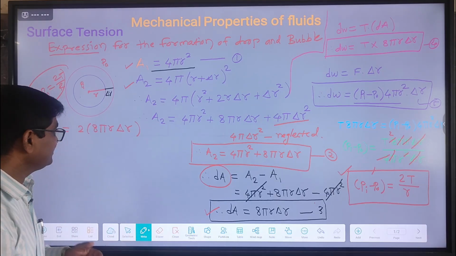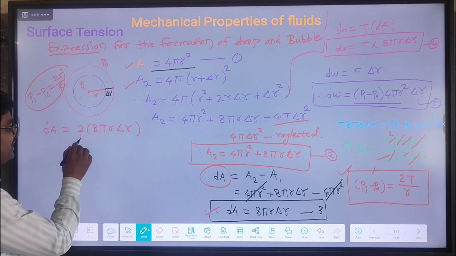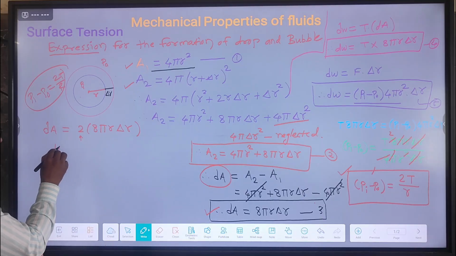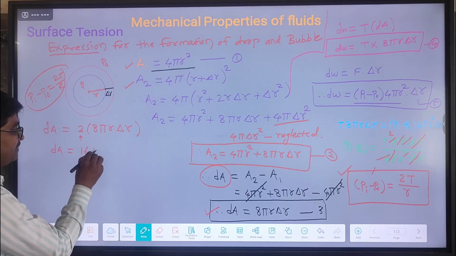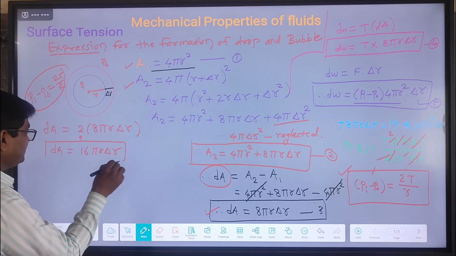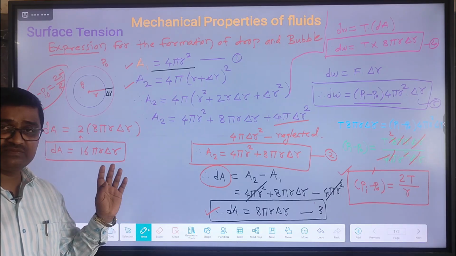You get it clear? That is why we write 2 here. So finally we get the change in surface area dA equal to 16 pi r into delta r. This is the change in surface area for a bubble. This is a very small difference between the two.